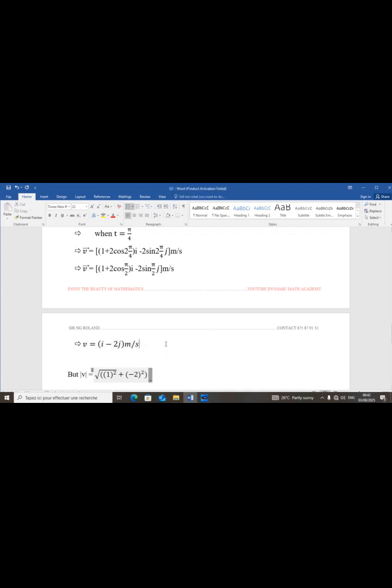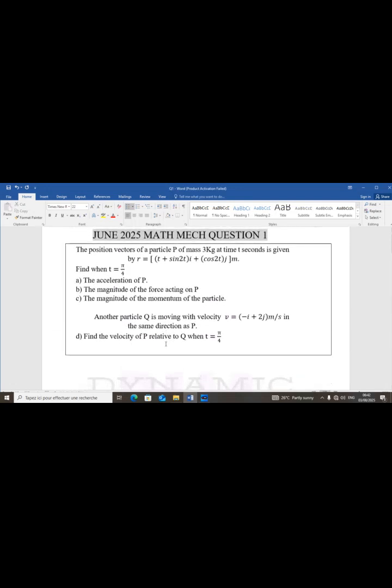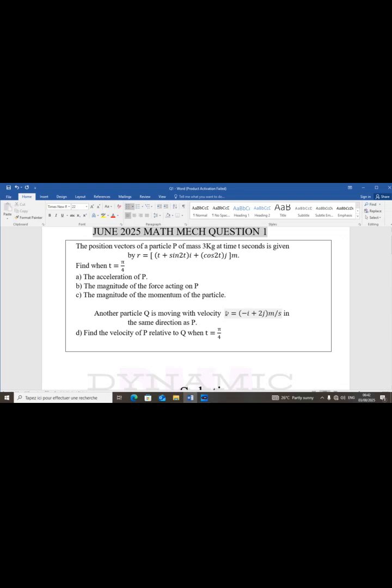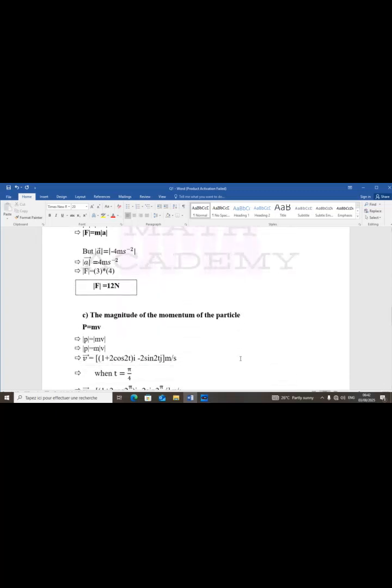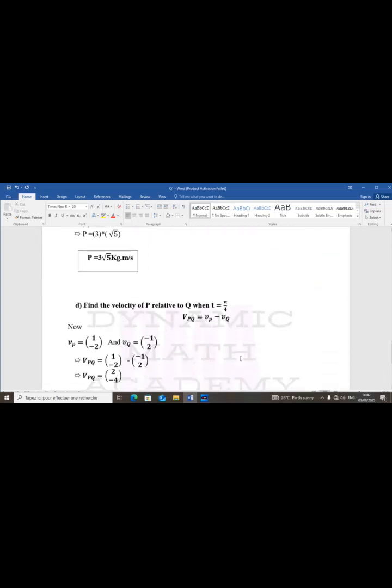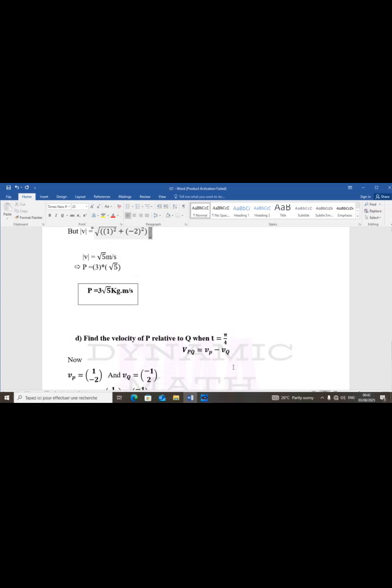Also, the velocity of Q is minus i plus 2j meters per second. So if you make the difference between those two, Vp will be equal to this in column form, 1 negative 2, and Vq negative 1, 2, like I showed you earlier.